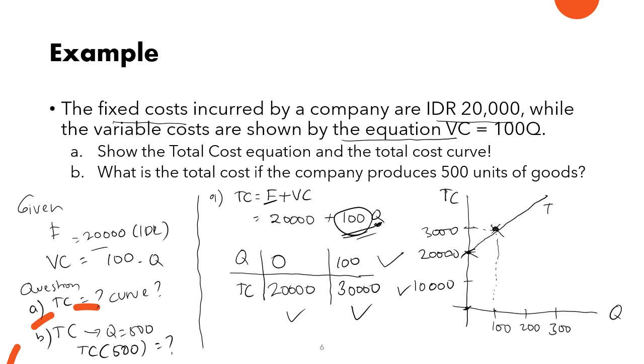Now this is our TC, 20,000 plus 100Q. Remember that the slope is 100, which means what? Every 100 unit addition of Q will increase TC by 10,000.